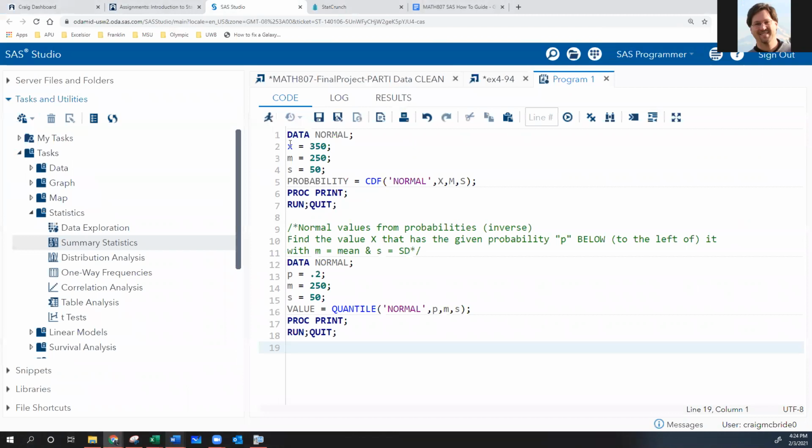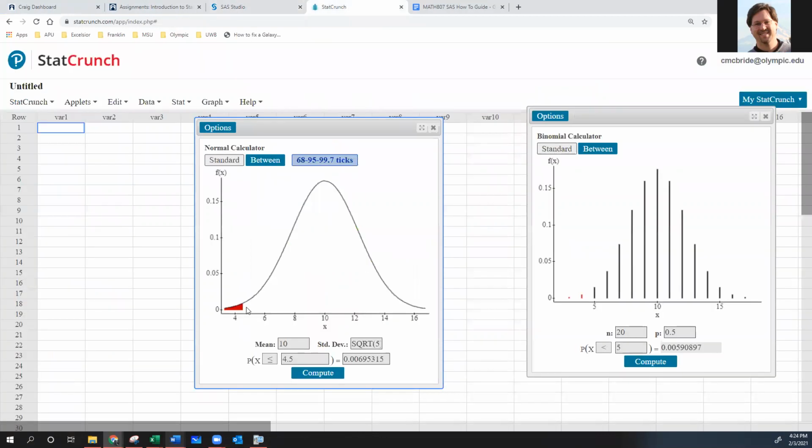And that function gives us the area under the curve to the left of a number. What number? X, right? We tell it X, we tell it the mean, and we tell it the standard deviation, and it gives us the area under the curve to the left of it. So visually, it's doing what this thing is doing right here, right?